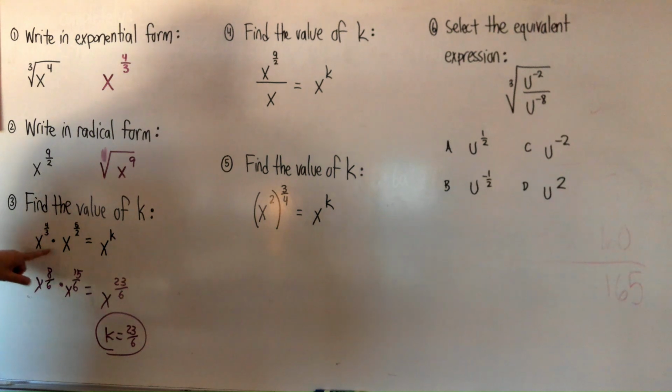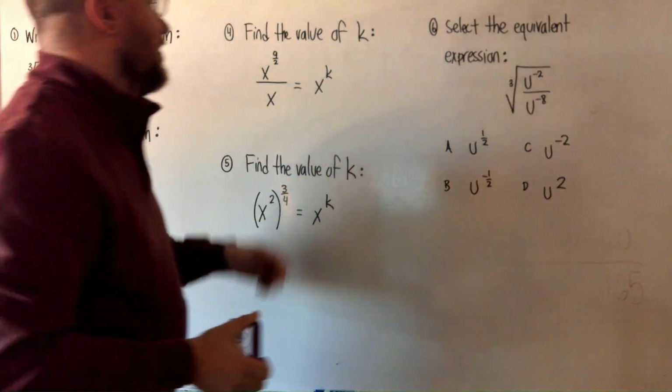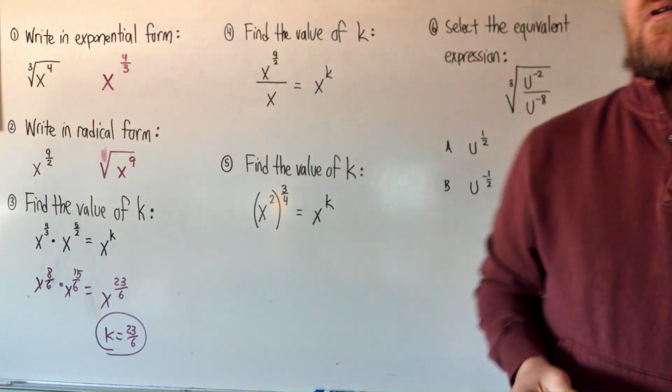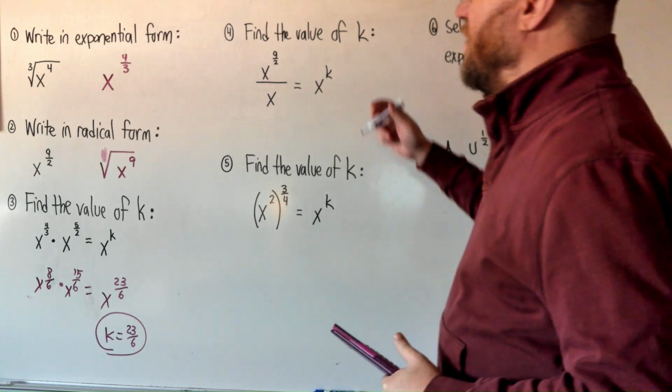All right, so remember, when you multiply, you add exponents, as long as the bases are the same. And to add, you have to have the denominators be the same. All right, number 4 says find the value of k. Now we're dividing. Remember, when you divide, you subtract exponents.